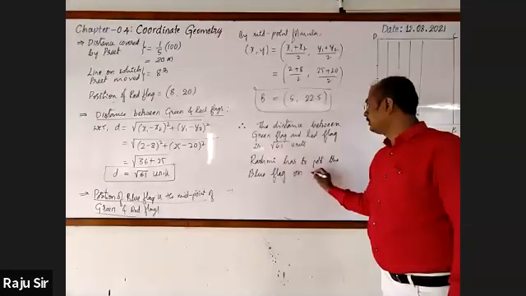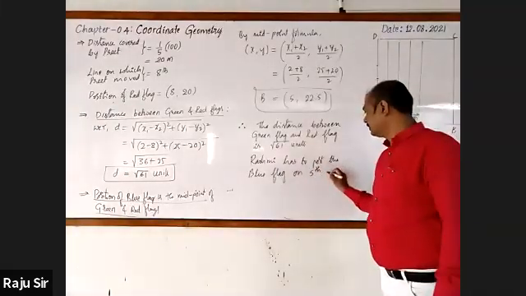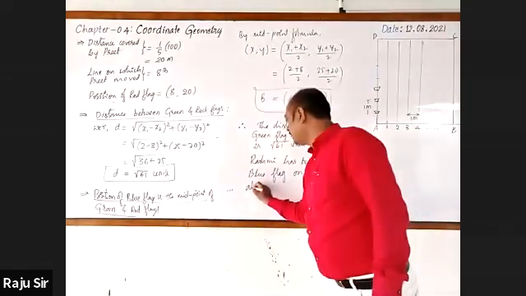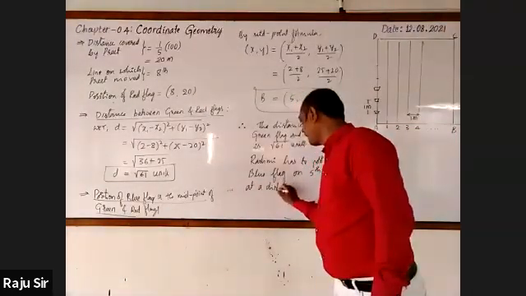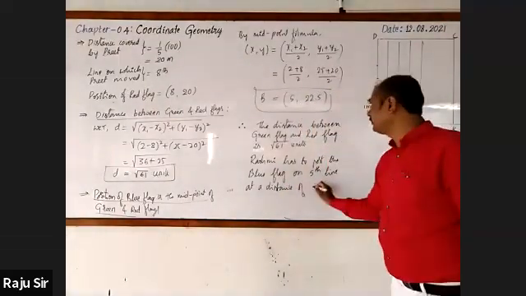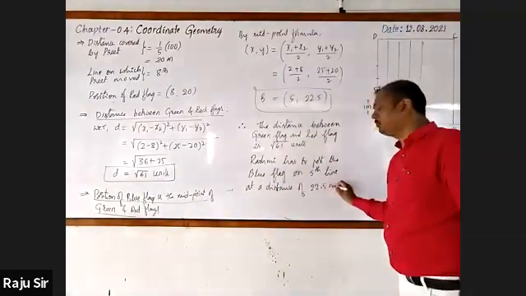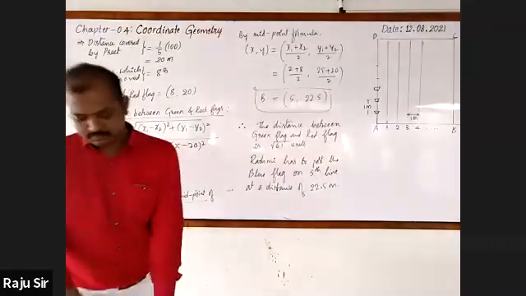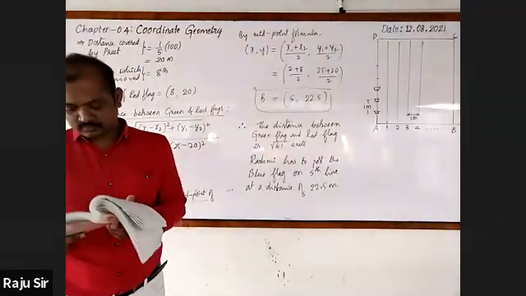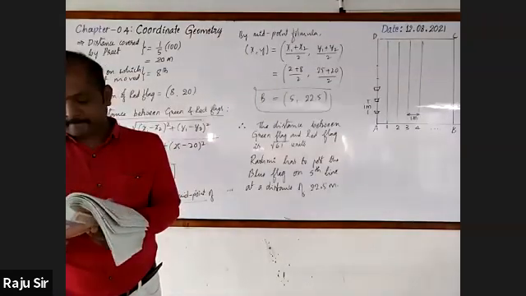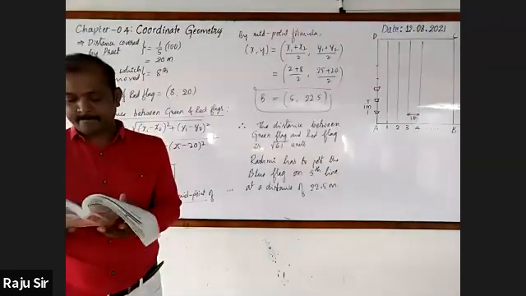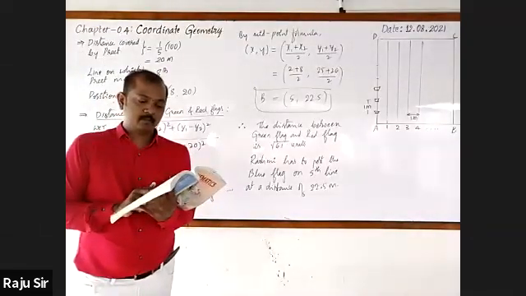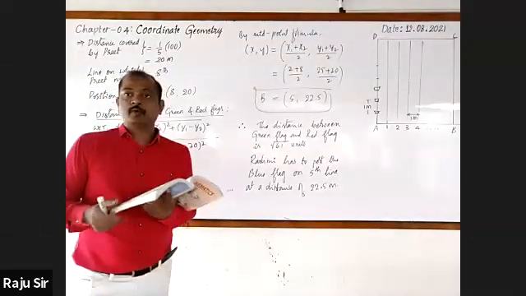On the fifth line, at a distance of 22.5 meters. Conclusion is a must. Over.